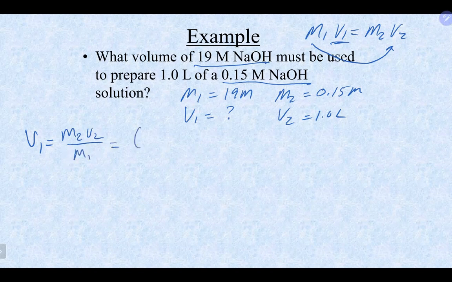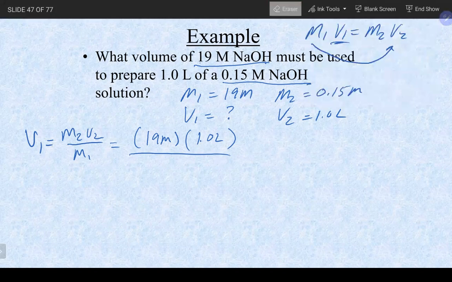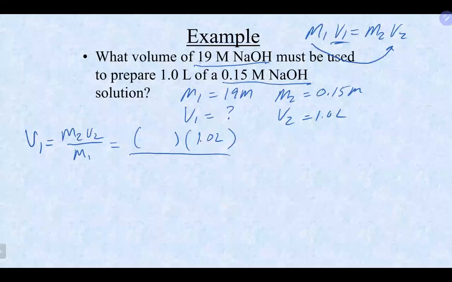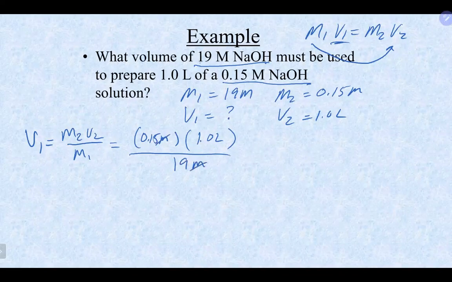Putting in our concentrations, M2 is 0.15, and we have 1 liter, divided by our M1, which is 19 molar. Here, the molarities will cancel, which will leave us with liters, which is 0.15 times 1 divided by 19.